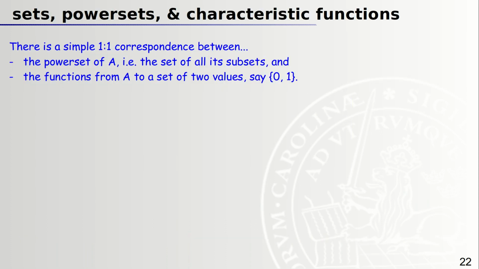There's a fairly straightforward one-to-one correspondence for any set A between the set of all its subsets, its power set, and the set of all functions from A to {0, 1}. And it looks as follows.